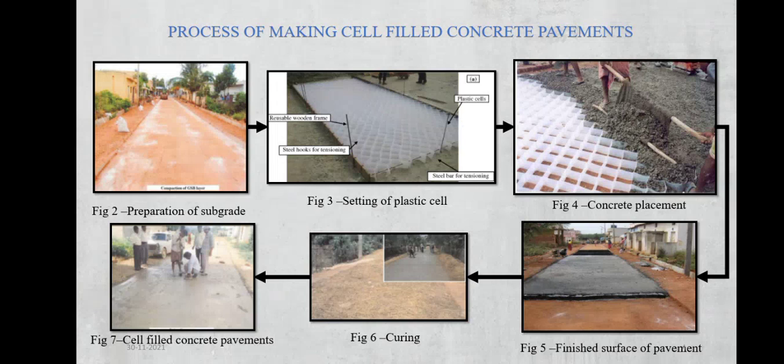We make the subgrade and then put the plastic cells as shown in figure number 3, and then we pour the concrete over the cells like in figure number 4, and in figure number 5 we finish the surface by plate, and then we cure it with jute mats, and then we finish the pavement like figure number 7.